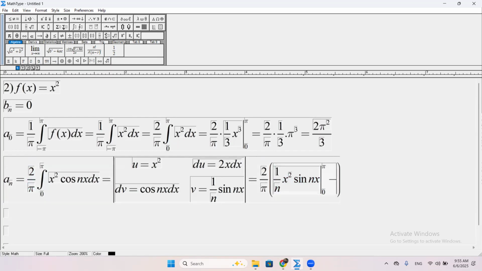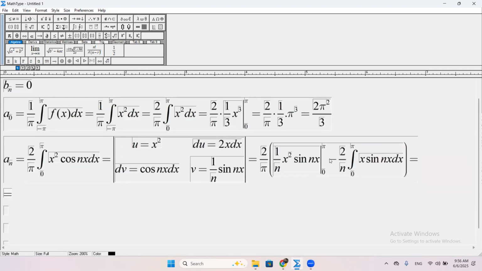And now calculating the following integral. So here will be 2 over n, integral from 0 to p, x sine of nx dx. So let's simplify it a little bit.